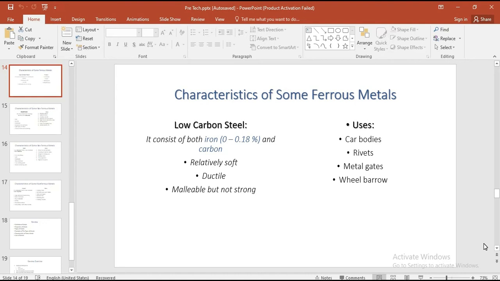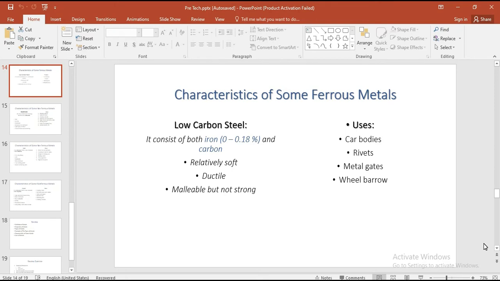The carbon ranges from 0 to 0.18%. So we know that the carbon content is very low, and that is why we name this metal low carbon steel. It has a carbon percentage of 0 to 0.18.